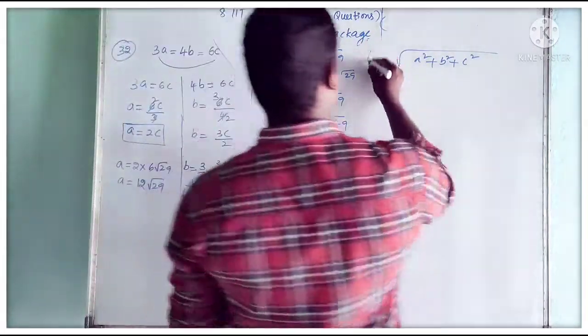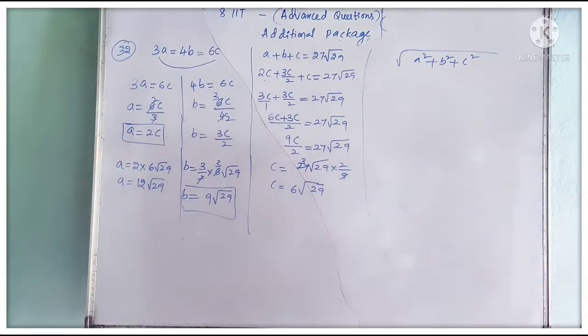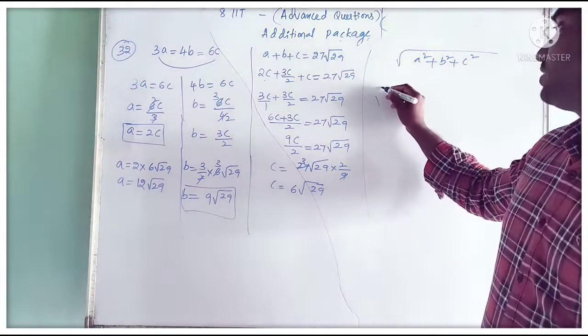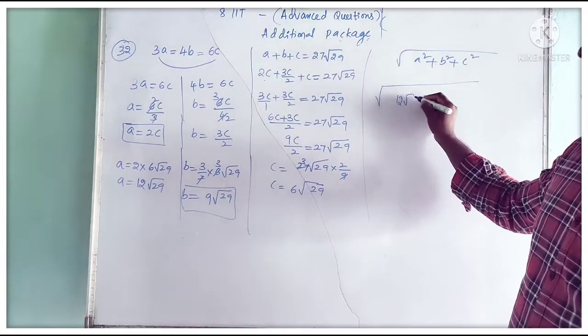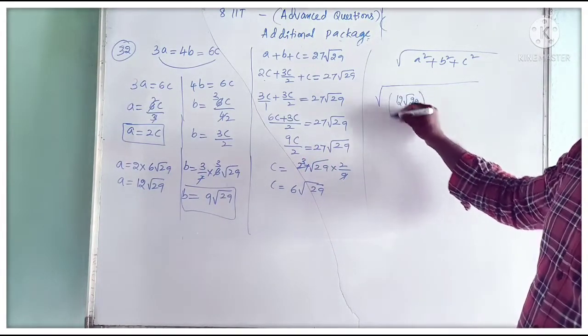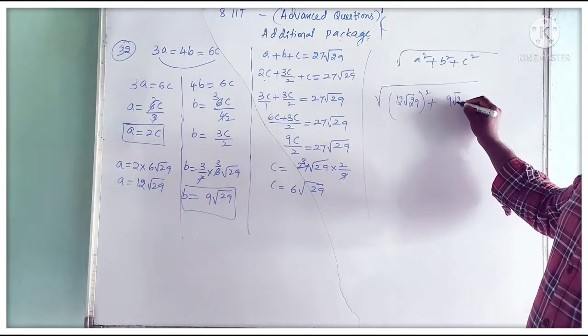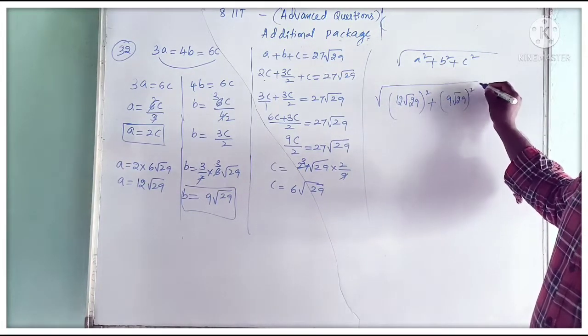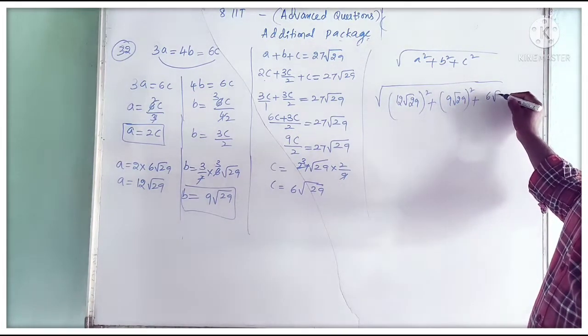We need to find the square root of a square plus b square plus c square. A is 12 root 29 whole square plus b is 9 root 29 whole square plus c is 6 root 29 whole square.